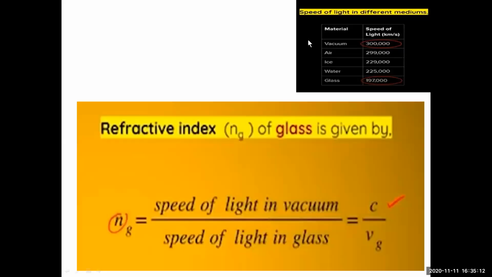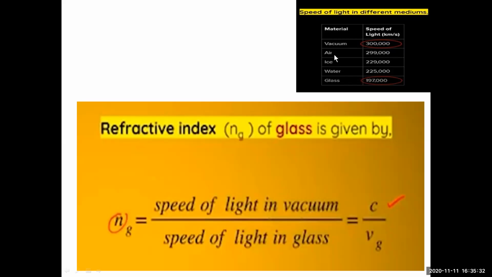Now here we are seeing the speed of light in different mediums. We have taken some materials: vacuum, air, ice, water and glass. In the vacuum the speed of light is 300,000 kilometers per second. In 1 second it travels 300,000 kilometers in vacuum.